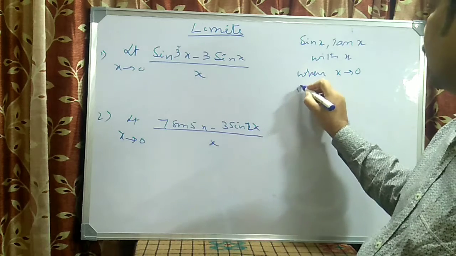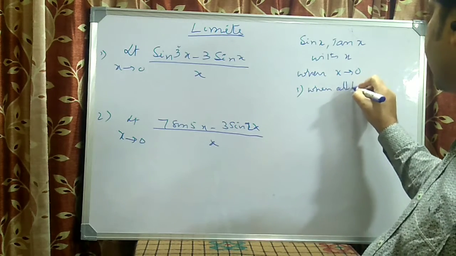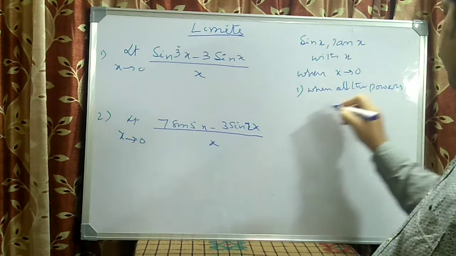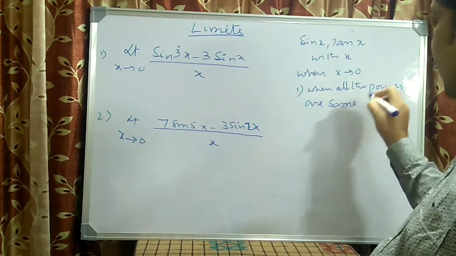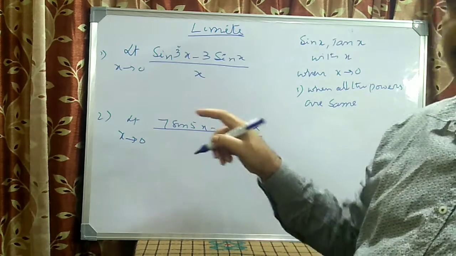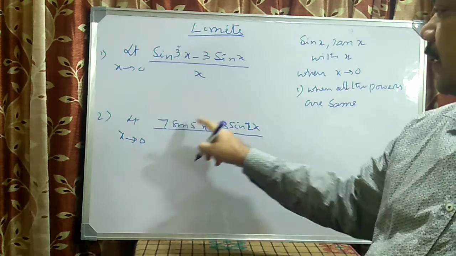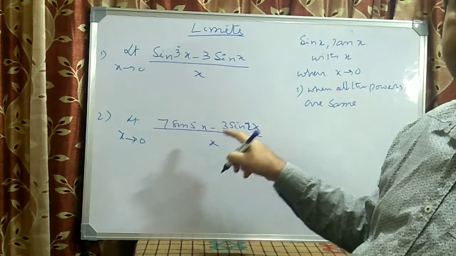But there are two clauses. The first is when all the powers are the same, that means the degrees of all the terms. Here you can see the degrees of all the terms are the same, right?